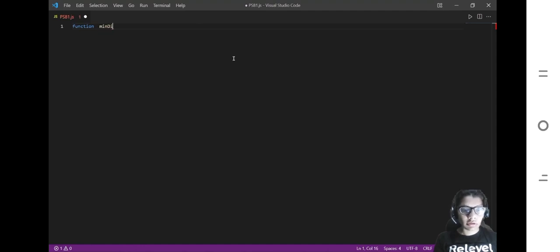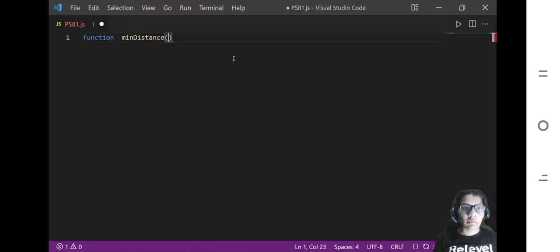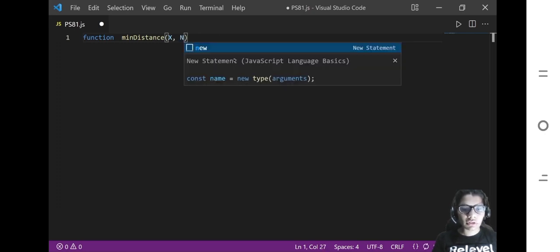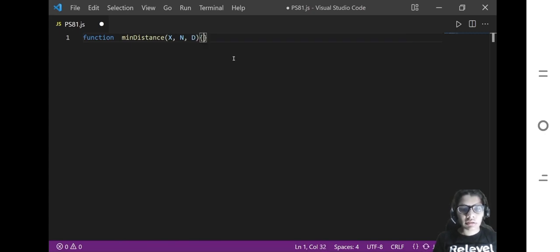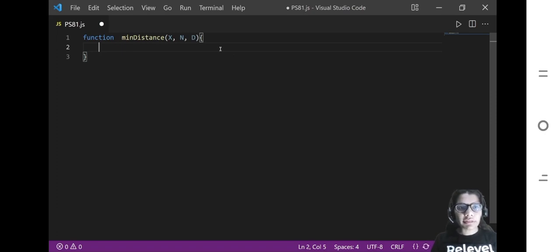So function minimum distance, in which we would be passing firstly your x, that is the position of Bob. Next is n, which is your number of steps, and after that this is d, which is the length of one step. As I have told you, your distance would always be absolute.